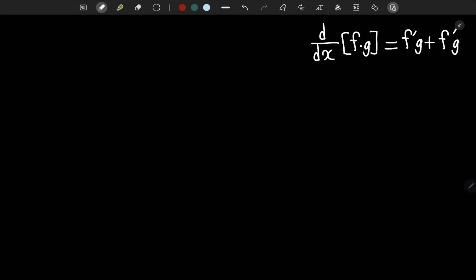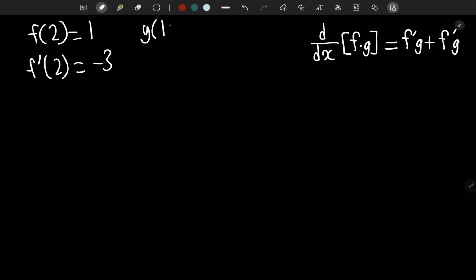Now another type of question that you might be asked in the exam is where they give you f of 2 is equal to 1, and f prime of 2 is equal to, let's say, negative 3, and g of 2 is equal to 2, and g prime of 2 is equal to negative 1.